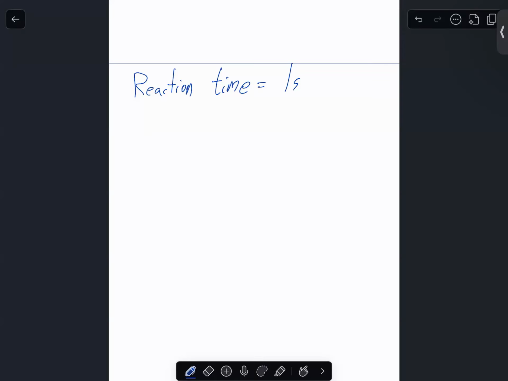If I've got a reaction time of 1 second, that's the amount of time I need for information to hit my brain and me to start to do something. If the car in front of me slams on their brakes, for the first second after that starts, I am not going to be able to put my foot down. Reaction time means dead time for any changes you want to make.